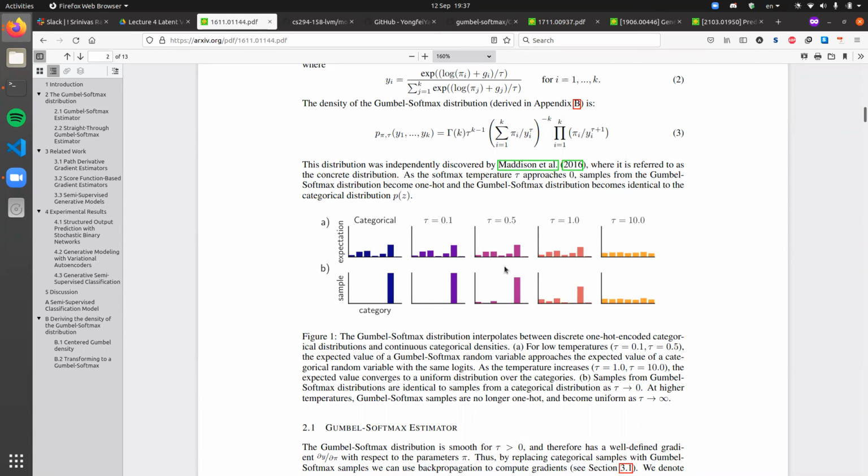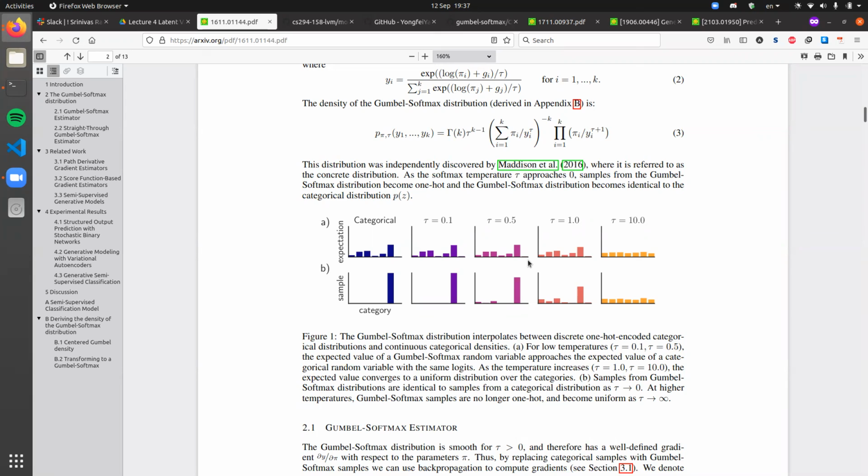We get more gradients everywhere, but also you can see if the temperature is high, then our samples are not really close to what we had in the actual distribution, not at all like samples from the actual distribution here. So that's a parameter to tune when you use this Gumbel softmax trick.